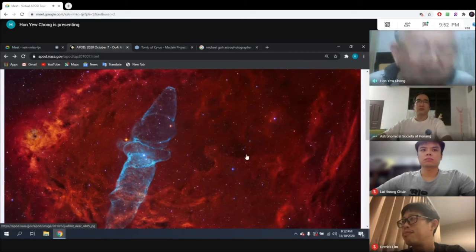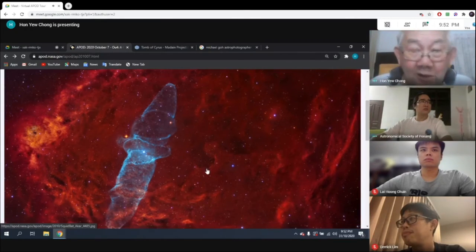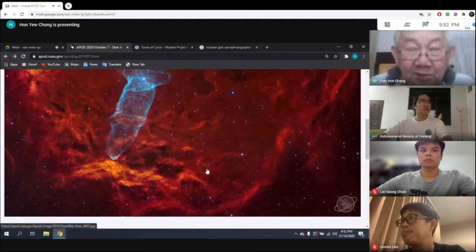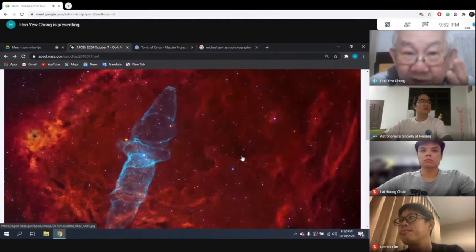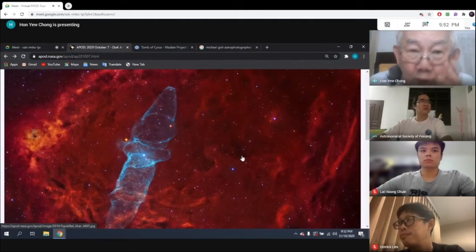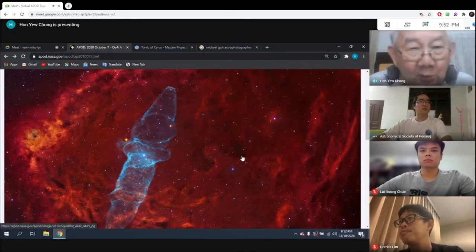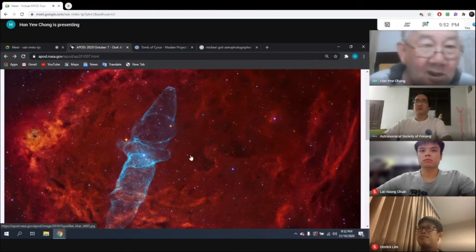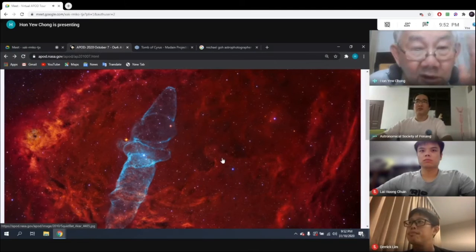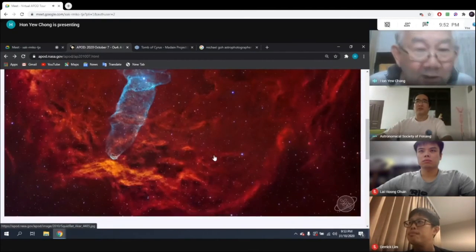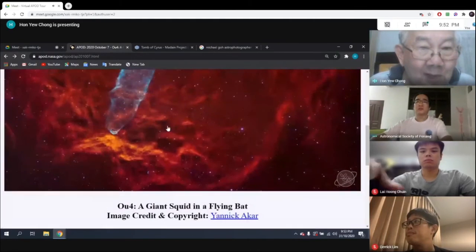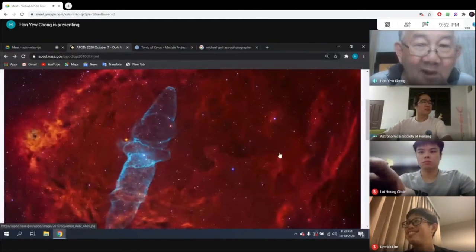So he could have taken this in a place where there's still some light pollution, not too bright, and the 3 narrow band filters will block off the light pollution, only allowing the 3 wavelengths from this nebula to go through. Very nice. So this is our sotong in a flying bat.